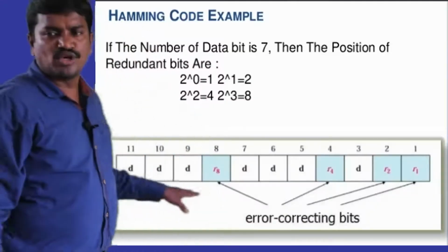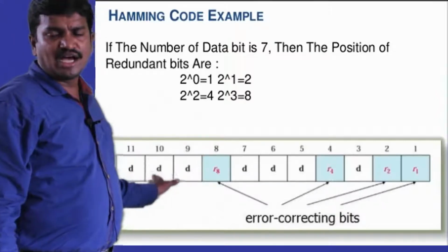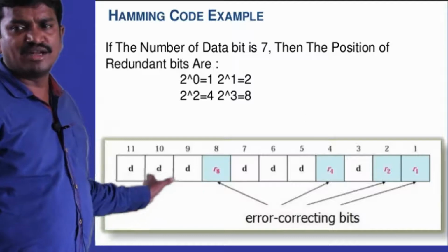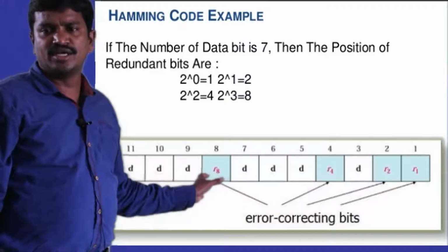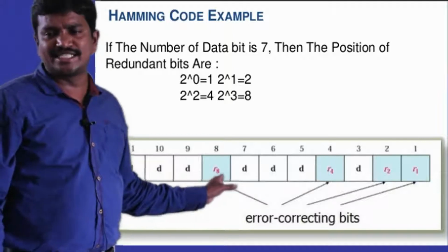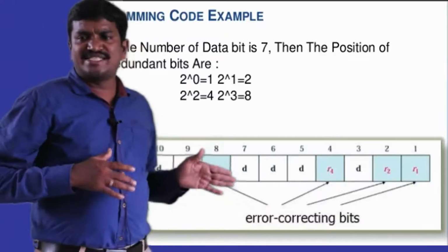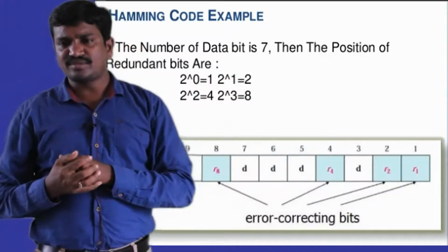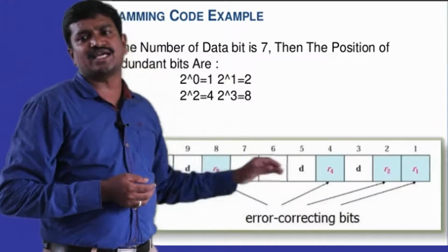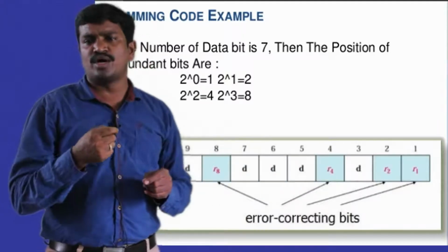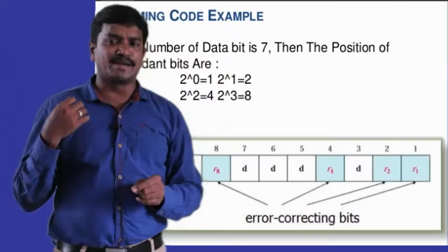If you observe this diagram, here we have a data word of size 11. So it indicates that we require 4 redundant bits. This is another example, which I am showing for the sake of understanding. When this data is transferred to the receiver, redundant bits are placed at positions 2 power 0, 2 power 1, 2 power 2, 2 power 3, likewise. These are the positions where redundant bits are placed.